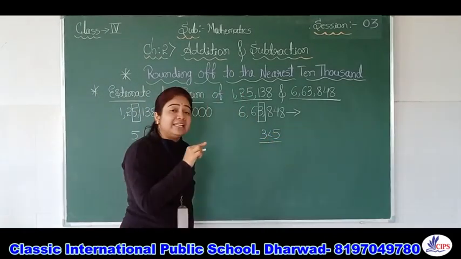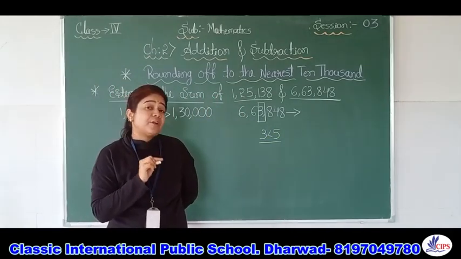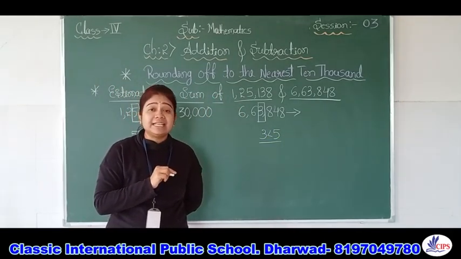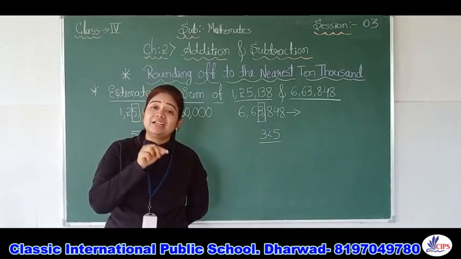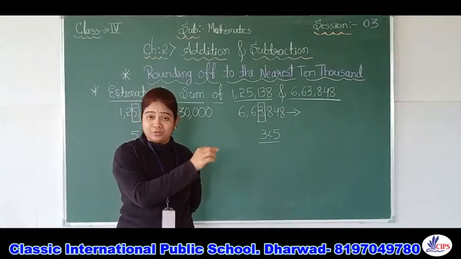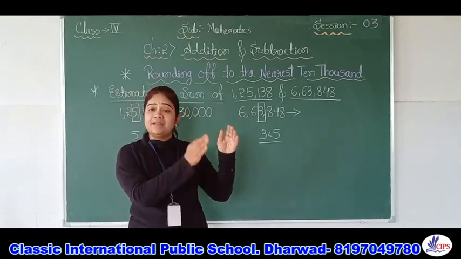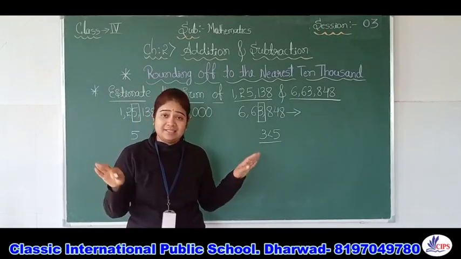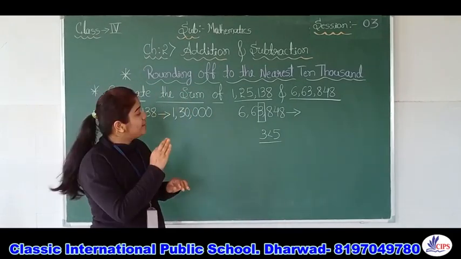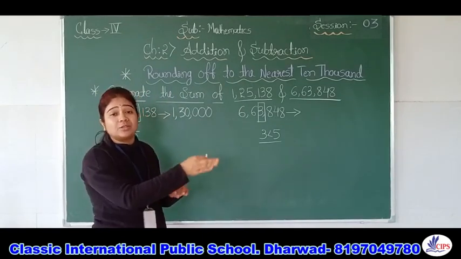If it is less than 5, which step do we follow? Yes, it is rounding down. According to the rounding down step, we keep the rounding place value digit as it is and keep the rest of the place values as 000.